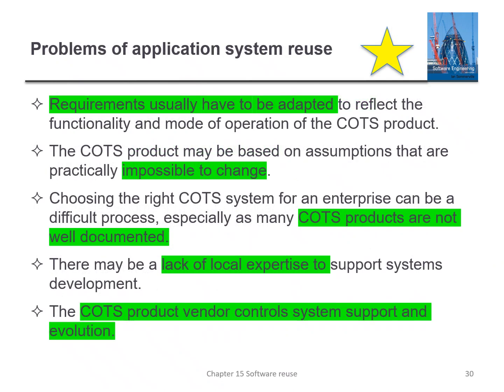A problem with system reuse is that because the system is already ready, the requirements of the user need to be adapted based on what is being offered by the system. So for this example, you can call application system reuse commercial off-the-shelf, meaning that the system is ready.